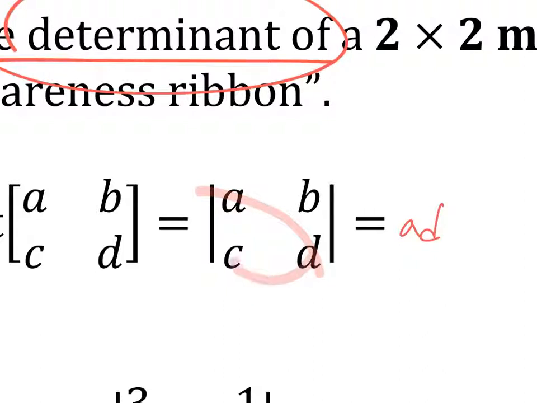When you go around, that means a minus sign, and then when you go up, you multiply C and B. So the determinant is AD minus CB. AD minus CB. So you start from the top left, go down, so multiply, minus, multiply.